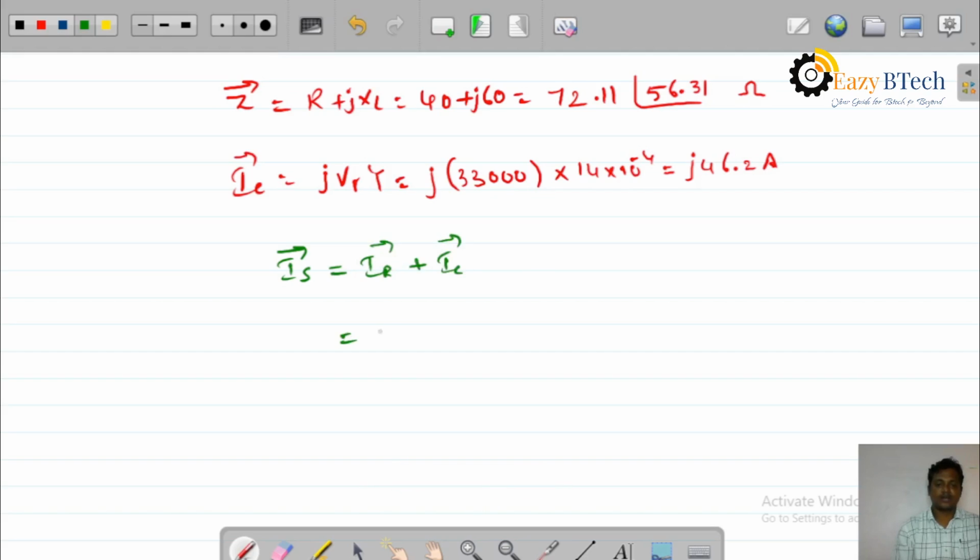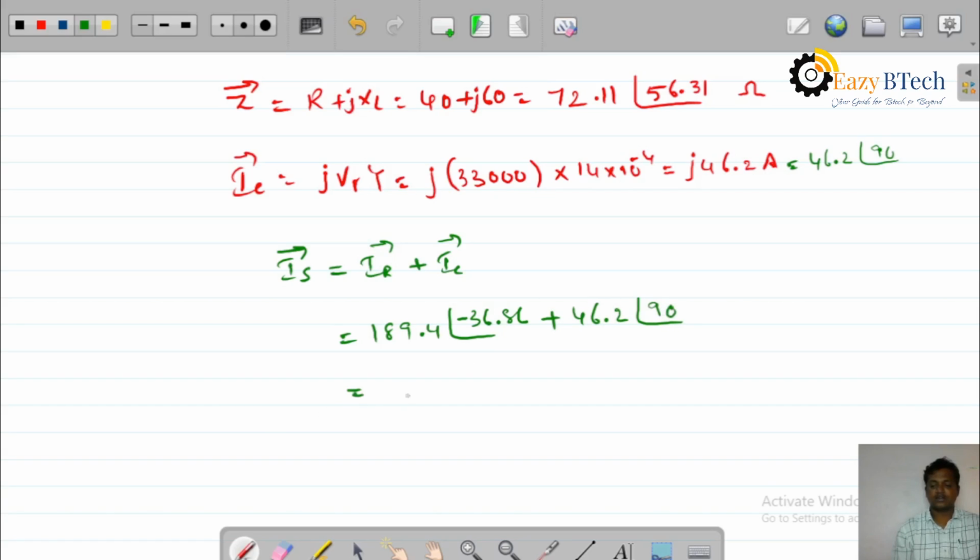IR vector is 189.4 at an angle minus 36.6, and IC is 46.2 at an angle 90.